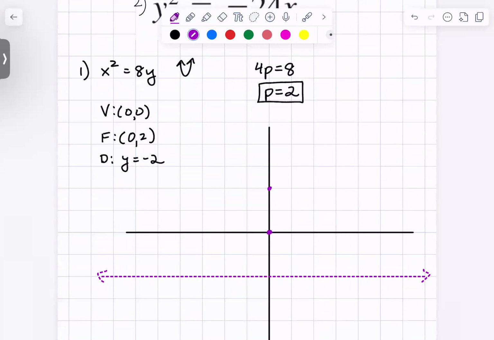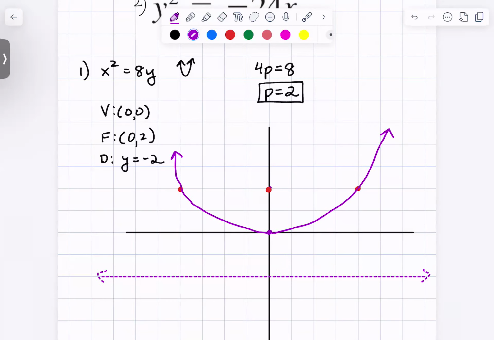Now how a parabola works, right, is this distance here. What is this distance in terms of p? 2p. From your focus, if you go 2p distance, which is 4 units here, and 4 units there, right? That is going to be a part of your parabola. So with these 3 points, I can draw out my parabola.